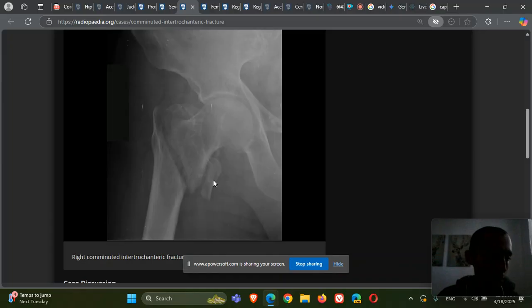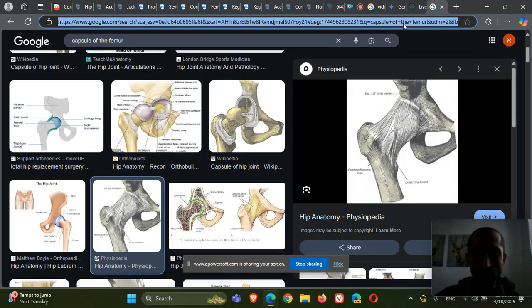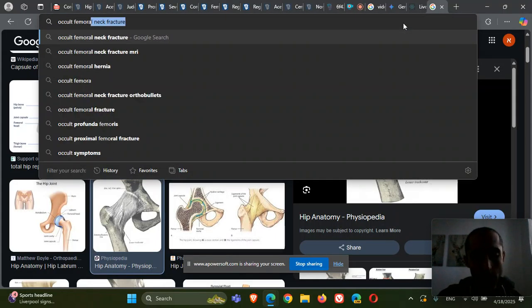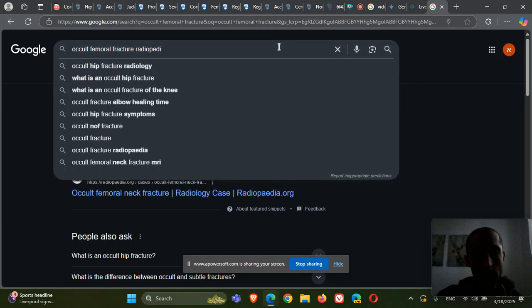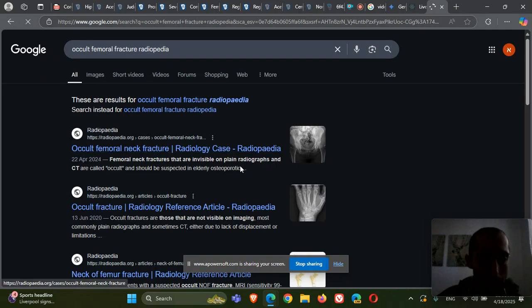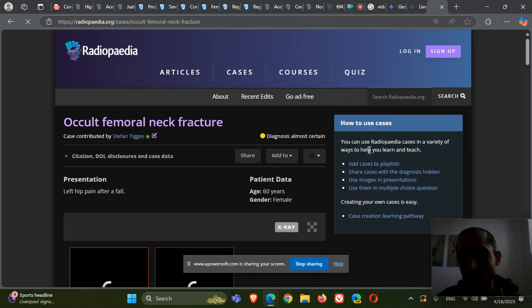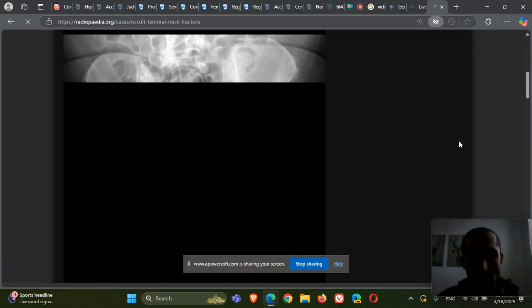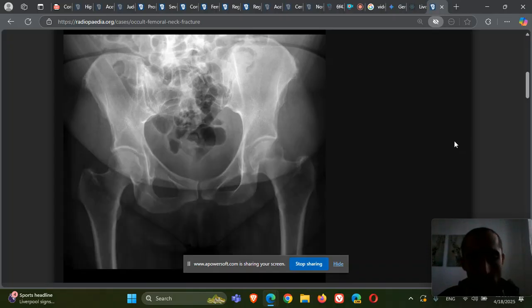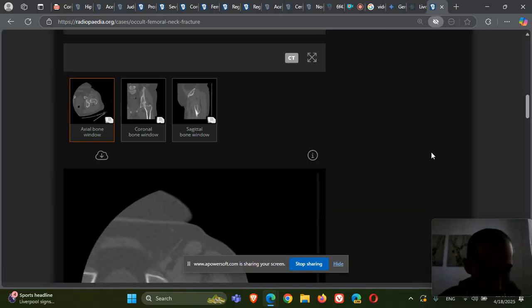Also, you need to note that sometimes the radiographs are negative. Let's see if I can show you an occult femoral fracture. You won't see too much on radiograph, but the patient may continue to suffer from pain.